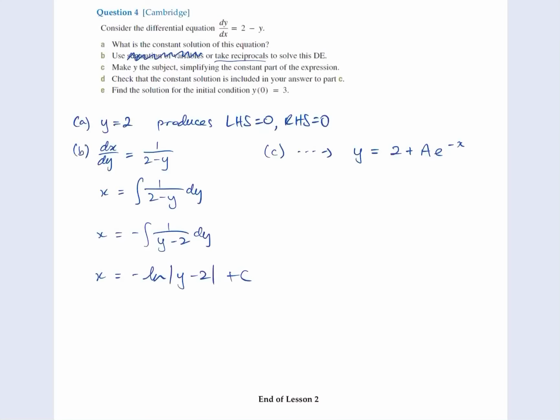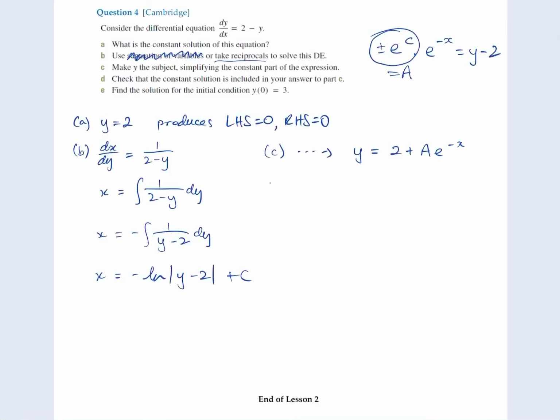That's where you have something like, I had a line of working, plus or minus e to the c times e to the negative x equals y minus 2. So simplifying the constant part of the expression, that's this part.